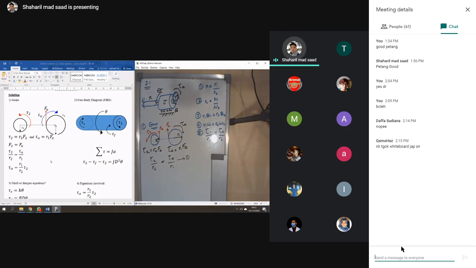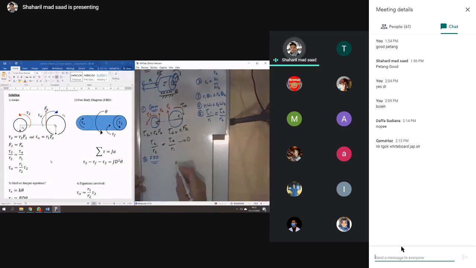Okay, done. Number 2, you need to solve the inertial body right here, so the free body diagram. The inertial body will be like this, and we have J here.